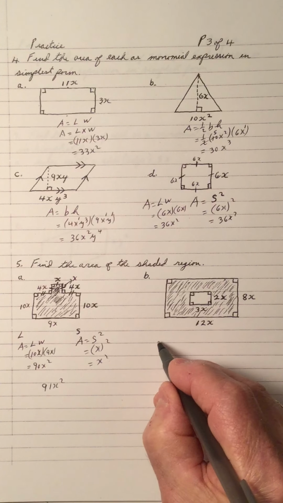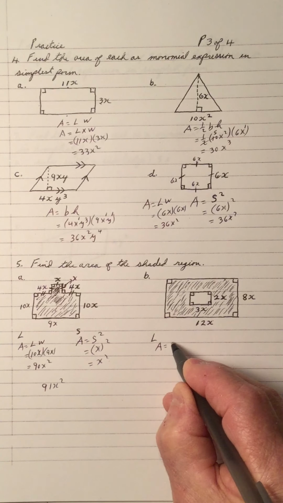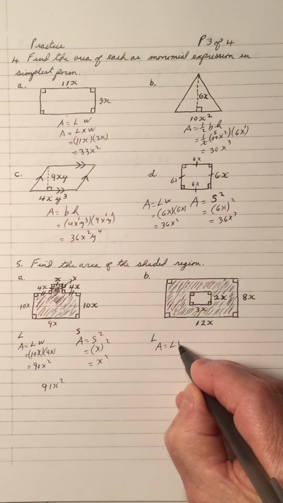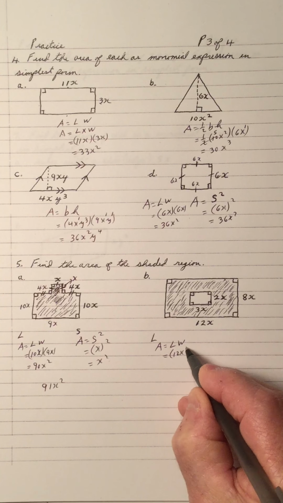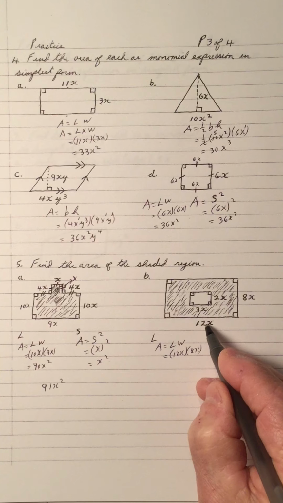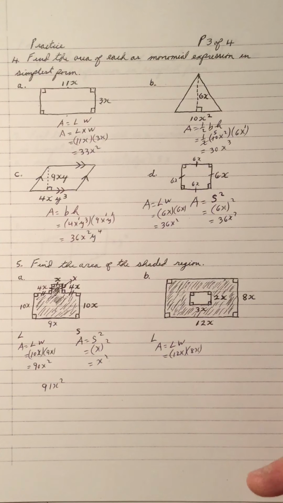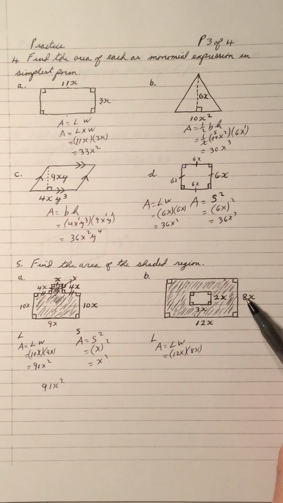But in area, let's get the large one, L. The area of the large one, and it's a rectangle. So the length is 12x. The width is 8x. Why? Because this is the length. The reason is that if you put a 1 in here, 12 times 1 is 12, 8 times 1 is 8. So 12 is bigger than 8.